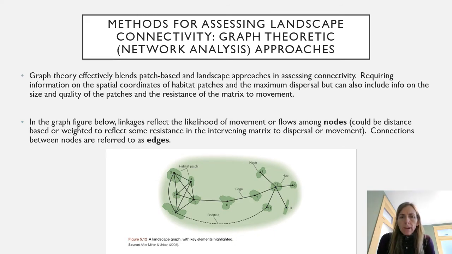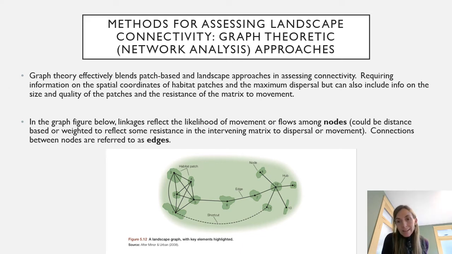So graph theories start to blend some of the features of patch-based analyses and landscape approaches to assessing connectivity. They require a good bit of spatial information. They look at the spatial arrangement of habitat patches that we've referred to as nodes within graph theory. And then we look at how those habitat patches might be structurally or functionally connected.